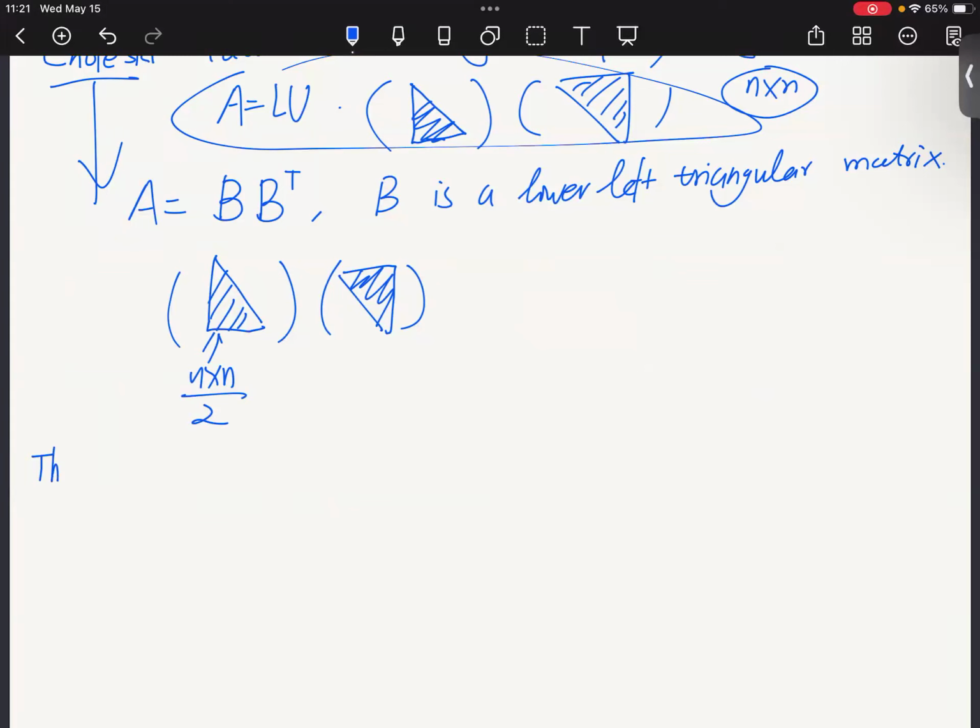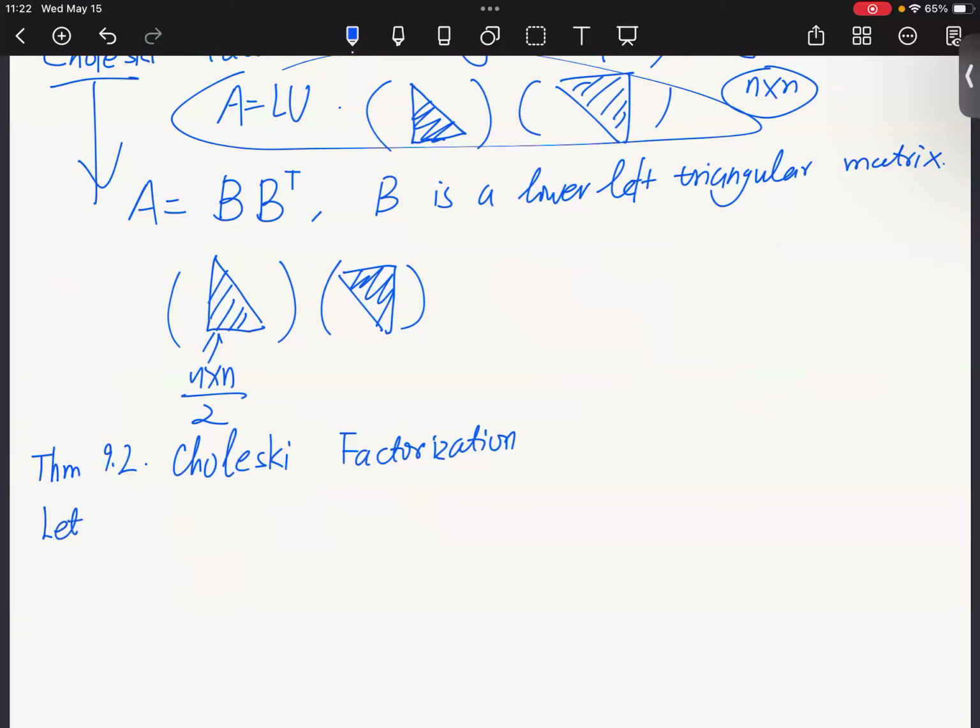This theorem was proved by a very great mathematician called Choleski. A lot of mathematicians name their theorem or algorithm after themselves. It's like, this is my product, you should memorize me. And this is the Choleski factorization.